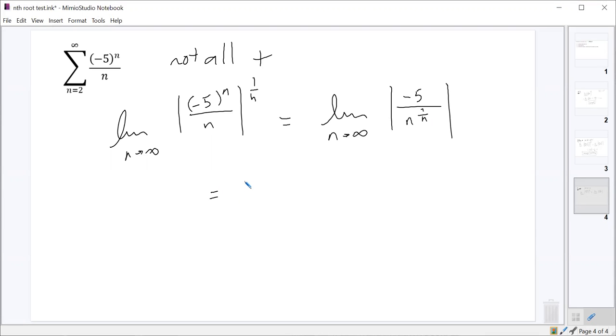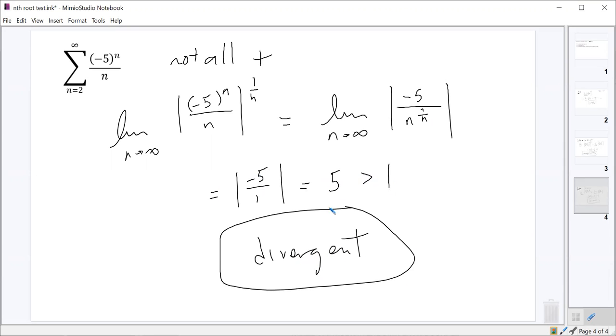So this just becomes absolute value negative 5 over 1, which is what? 5. 5 is greater than 1, and therefore this is divergent.